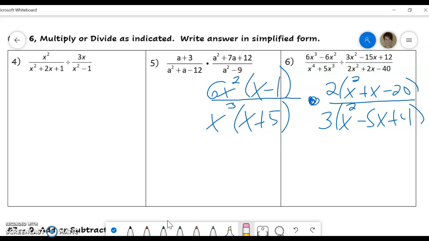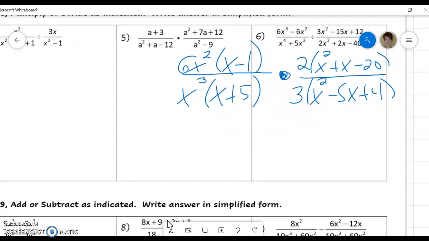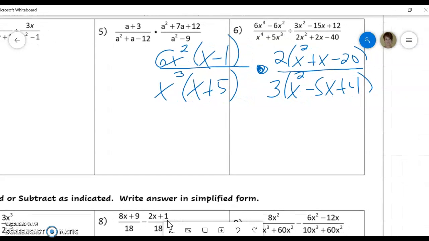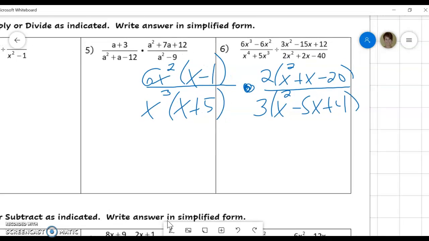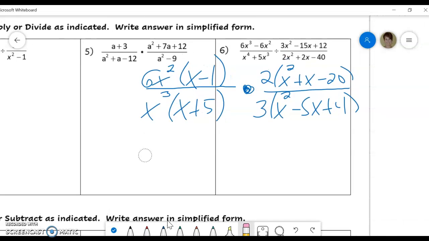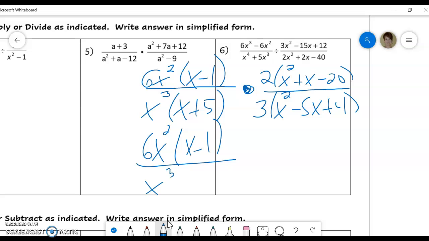So let's keep going. I'm going to scroll this and put it up in the middle. So we have this first fraction is perfectly fine. 6x squared times x minus 1 all over x to the third times x plus 5.